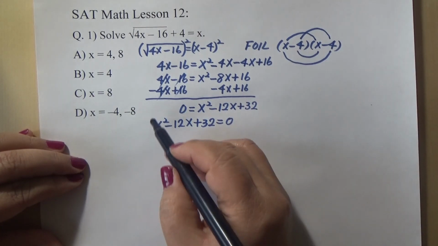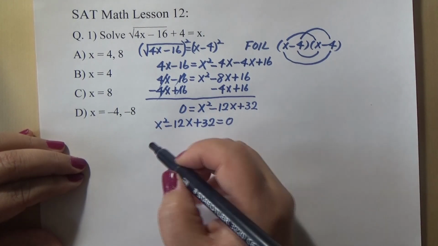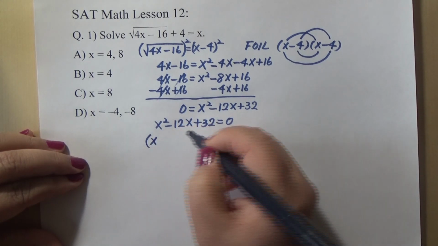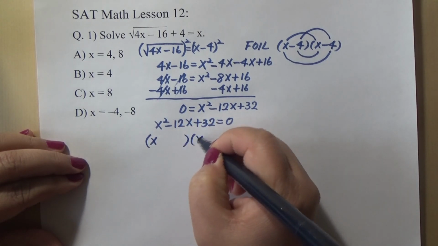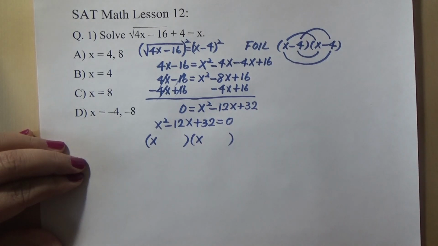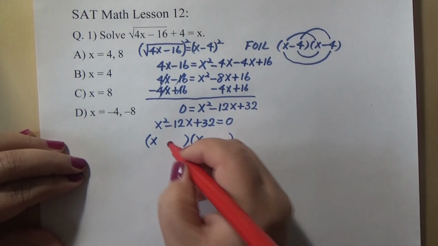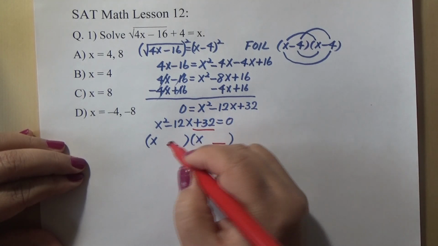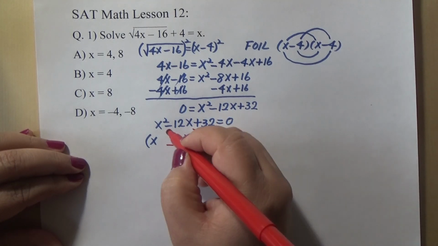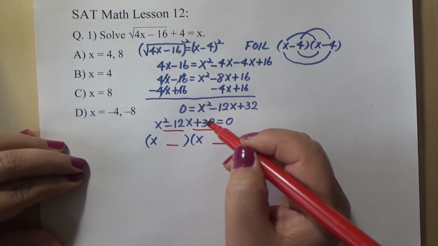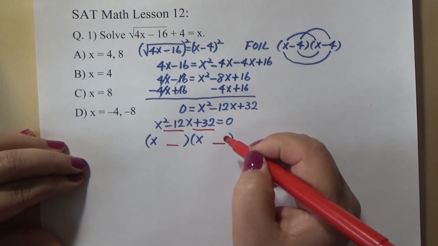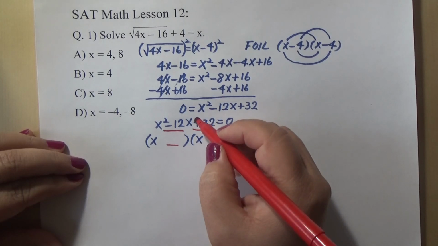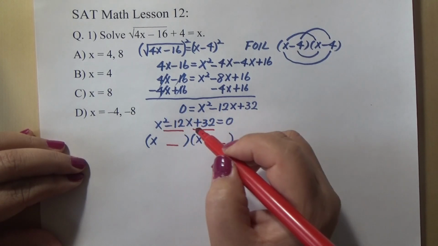So now we have a leading coefficient 1, so we have to factor this. So it's going to be x and x. And then some number will be here and here. And this is the product of these two numbers. And this is the sum of these two numbers. So this is plus and this is minus.